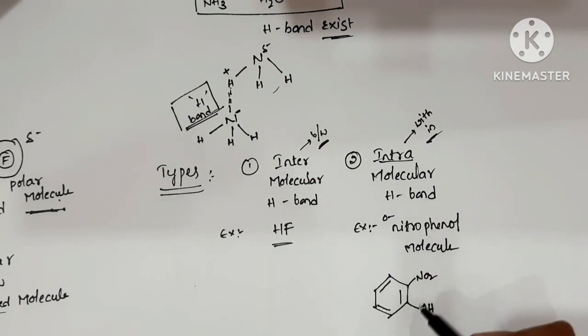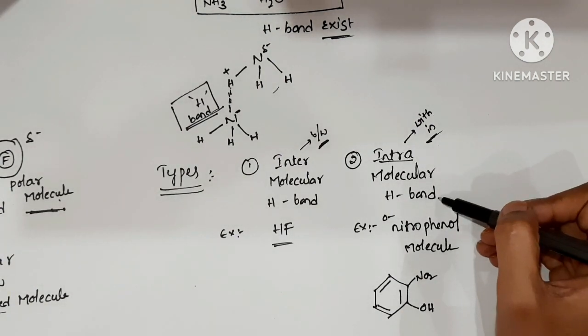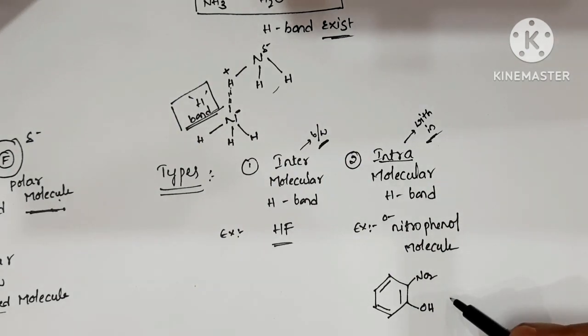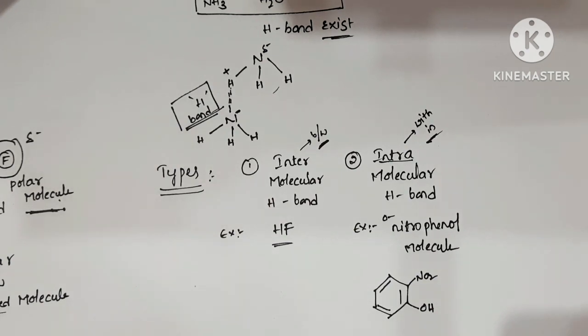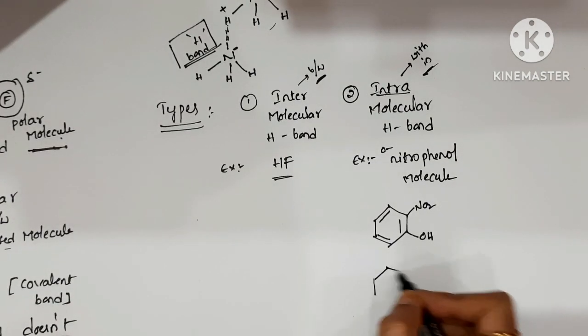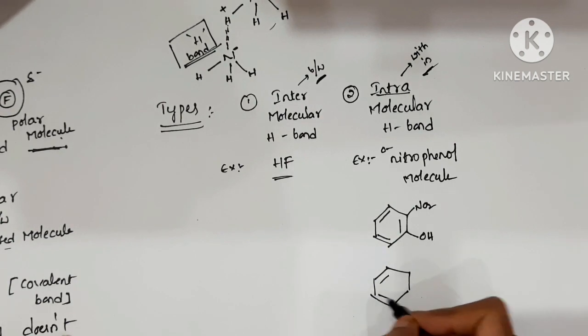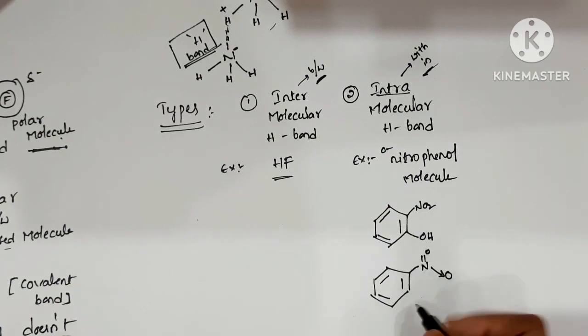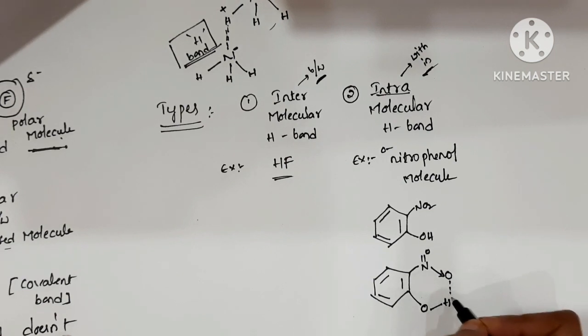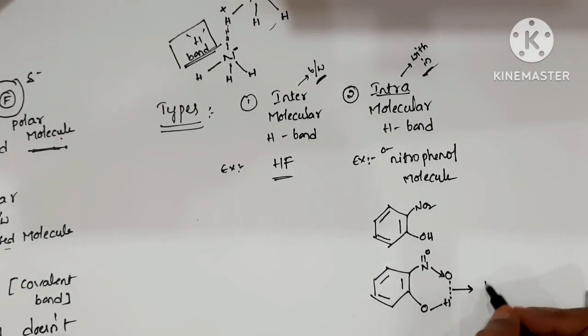So what happens here is intramolecular hydrogen bonding: the hydrogen bond is formed within the molecule, in this manner. Here is the OH group. The dotted line represents the hydrogen bond.